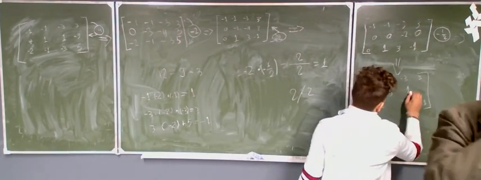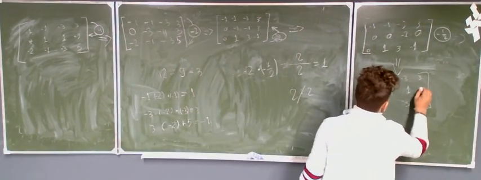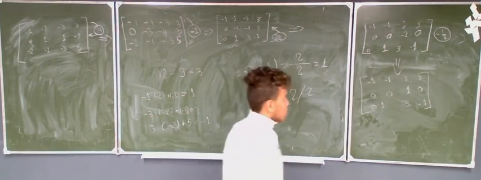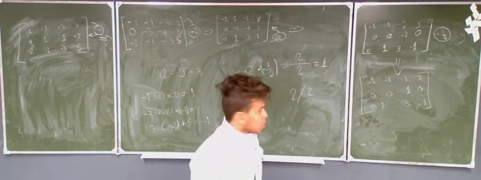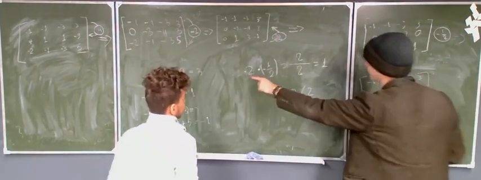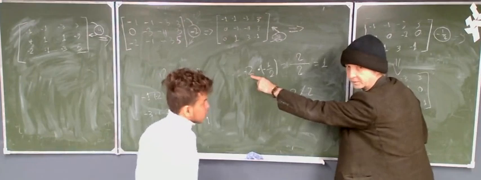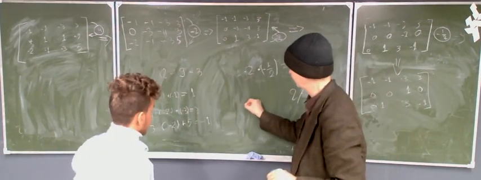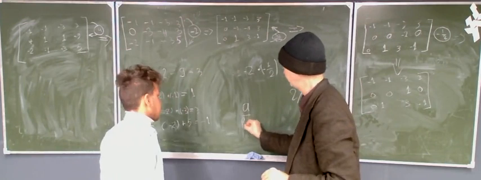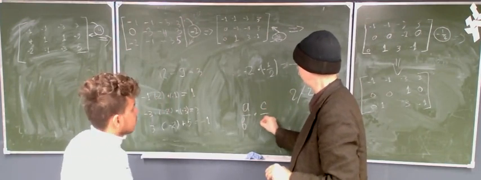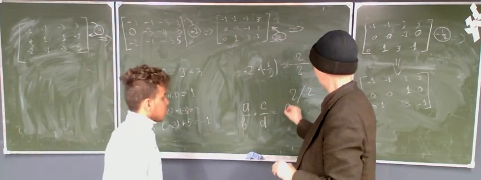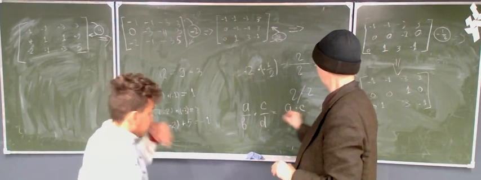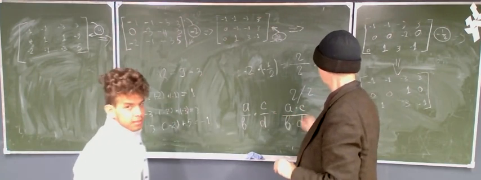We say minus 2 multiplied by plus 2. Why is it not 4? Because this number is not a fraction. A over B times C over D is equal to AC over BD.